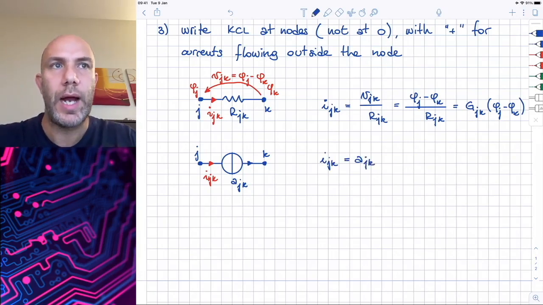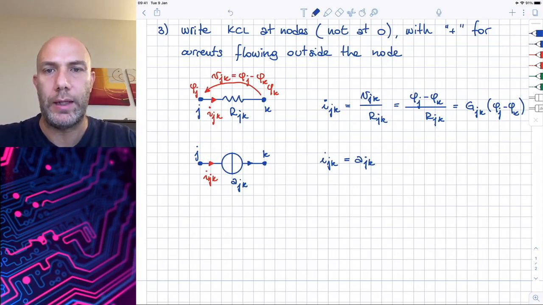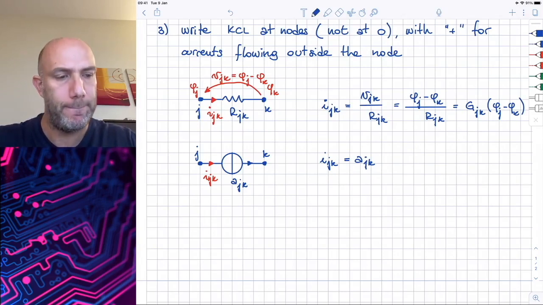So, we can try to write Kirchhoff current laws at nodes by referring to the value of the current impressed by the current generators, or in terms of conductance that multiplies the difference between two scalar potentials.